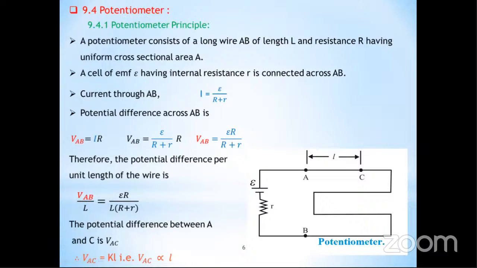Why this K l? Because from this formula we can say that the value of E remains constant, R constant, and therefore it is directly proportional to the length across it. Therefore VAC is equal to K into l. That is, the potential difference across this wire AC is directly proportional to the length l.